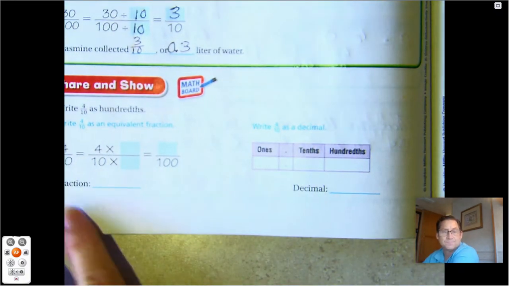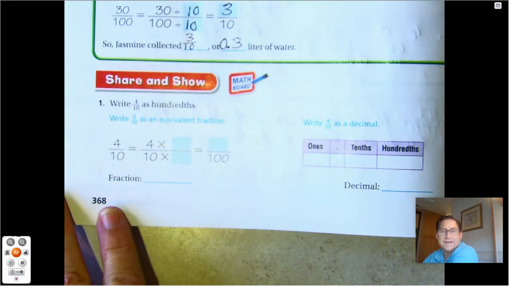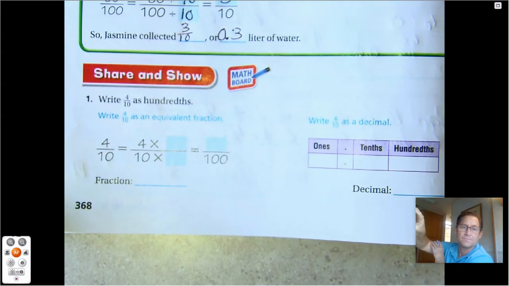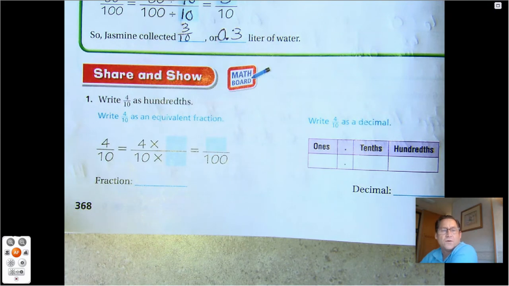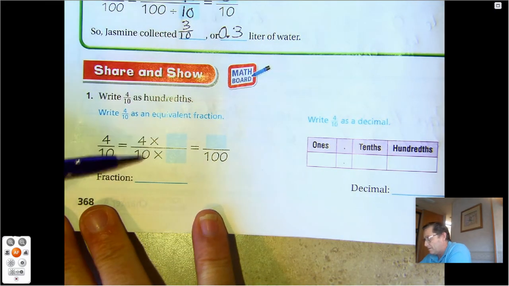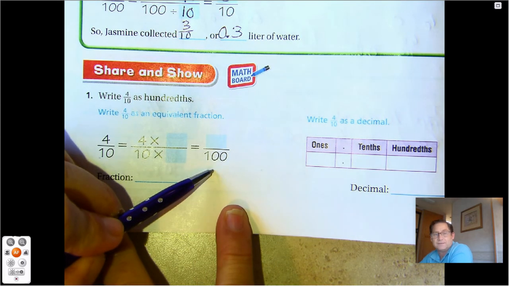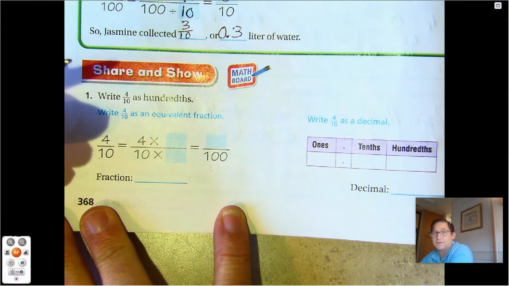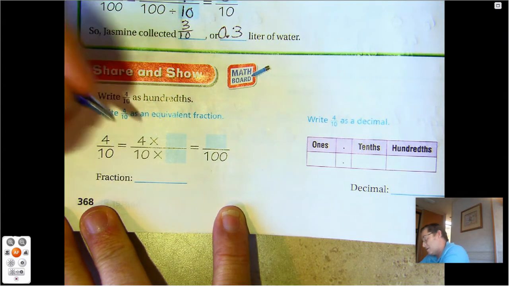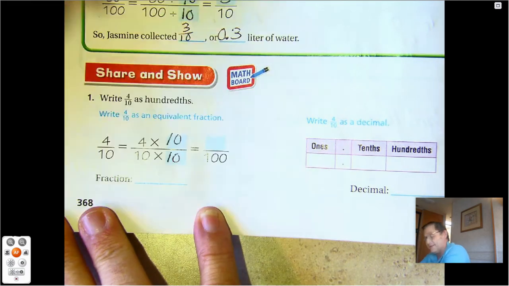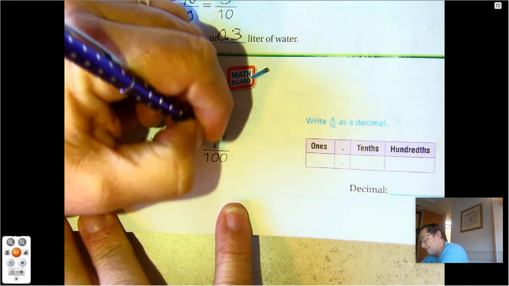Number 1, write 4 tenths as hundredths. Okay, so 4 tenths times what would give me hundredths? Well, 10 times 10 would give us 100. 10 times 4 would give us 40.